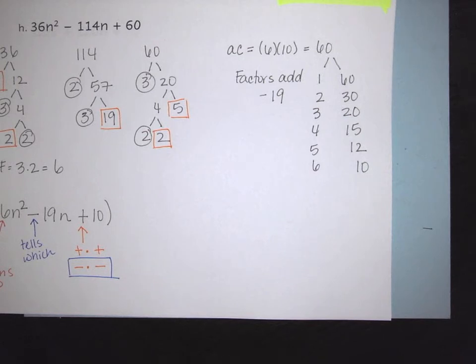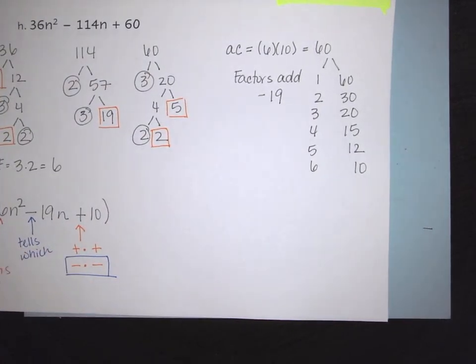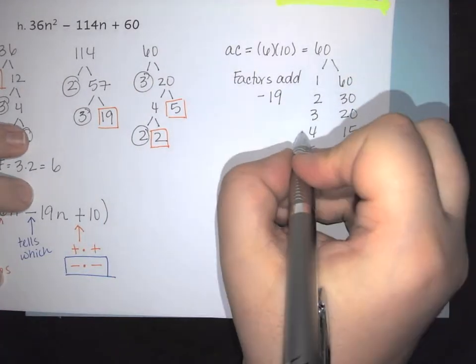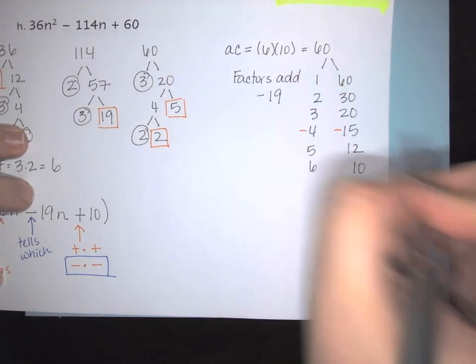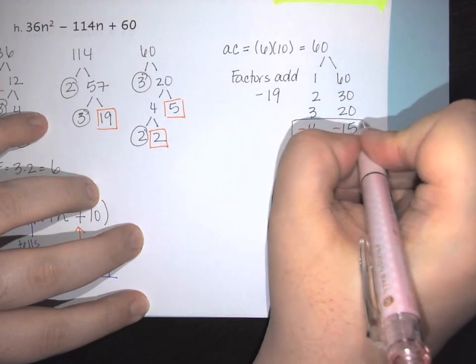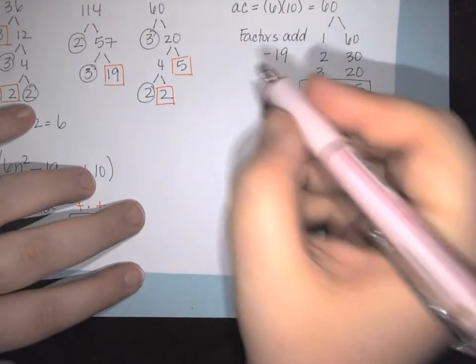With that, I have to look at which combination is going to give me a negative 19, remembering that both factors have to be negative. If we look, we have one factor pair that's going to work, negative 15 and negative 4. This is what we're looking for. With that, we can set everything up.